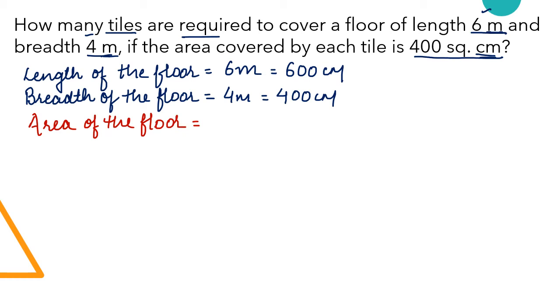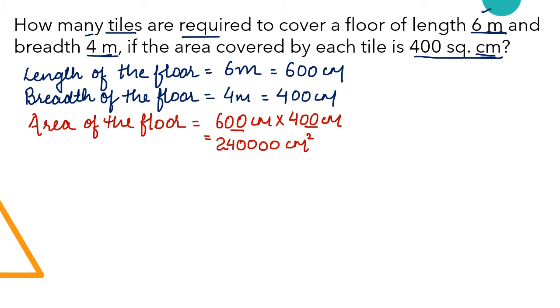So 600 centimeter multiplied by 400 centimeter, which will be equal to 6 into 4 is 24 and 2 zeros from 600 and 2 zeros from 400. So this is the area in centimeter square. It is the area of the floor.